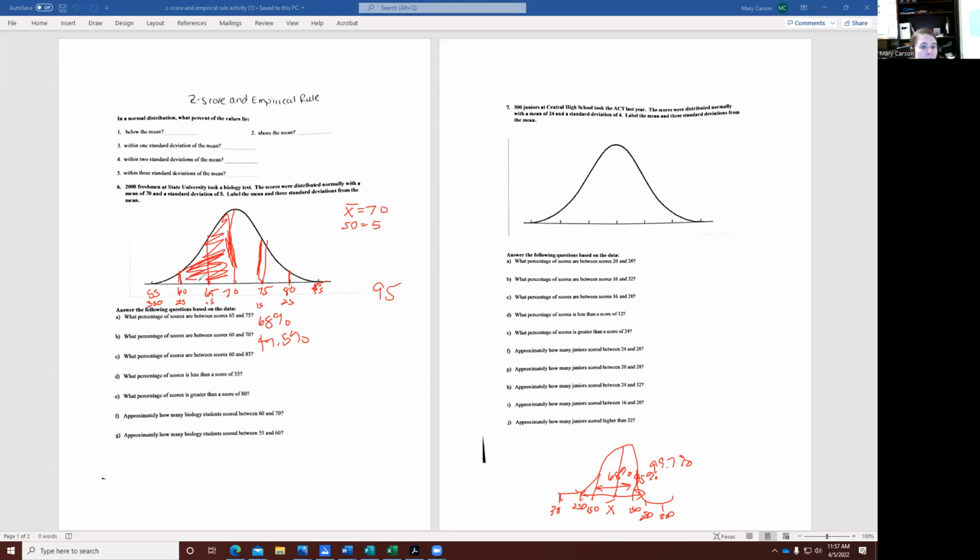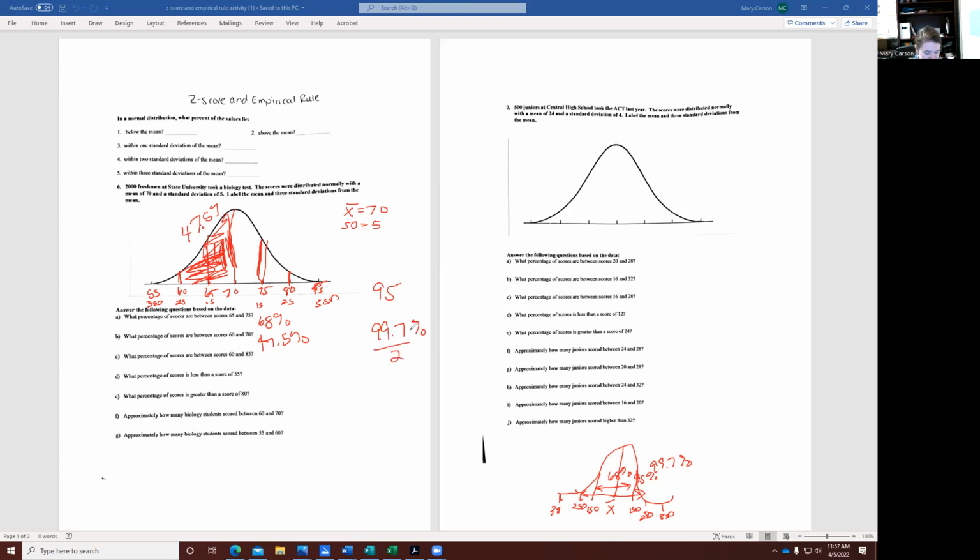What percentage of scores are between 60 and 85? We just did this half, which is 47.5%. And then this side goes all the way to 85, which is 3 standard deviations. Remember, 3 standard deviations is 99.7%, and we're doing half of that because we're just doing this side.